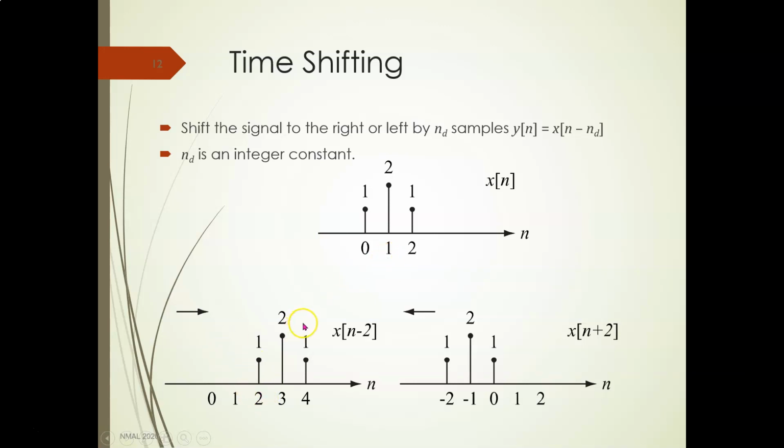So the value here is 1, 2, 1. Okay, it follows the values of the original. And if x[n plus 2], it means that the signal here is shifted to the left by 2. Okay, so the signal here starts from -2, -1, and 0. And the values here, similar to x[n] here, are 1, 2, 1. So here is also 1, 2, 1.